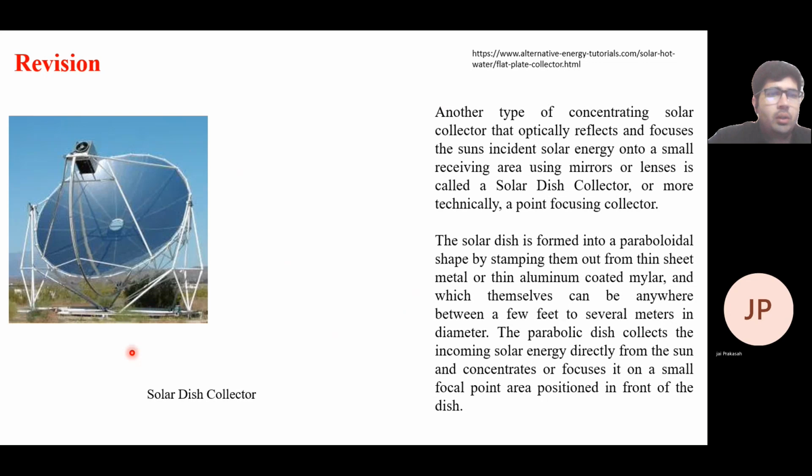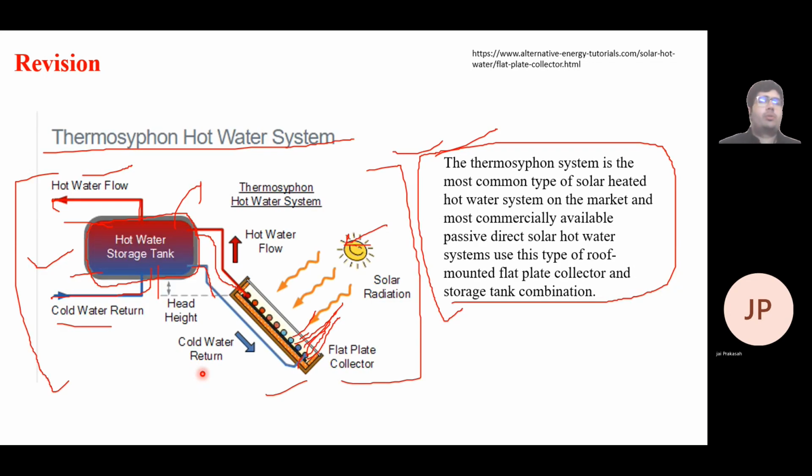Let's continue. So in previous slides, we have covered the flat plate collector. Now let's see some other type of collector. This system has some limitations actually, because we are getting the solar radiation, but the hot water can go up to a certain temperature only.